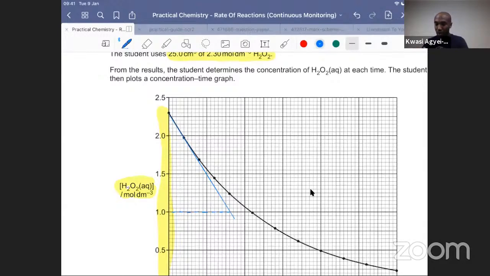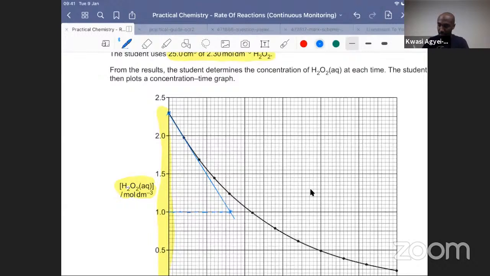Okay, so we want to look at the change in y over the change in x. So we've got 2 points here. There's that point there, and there's that point there.